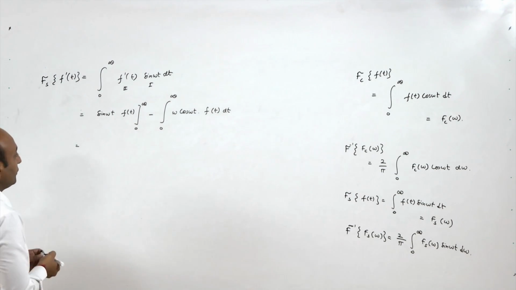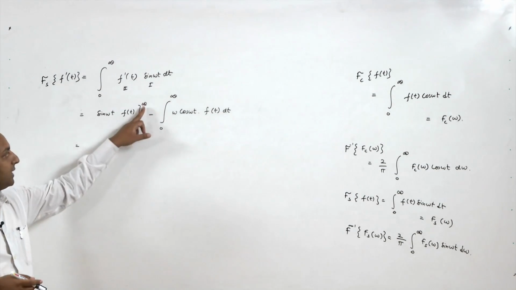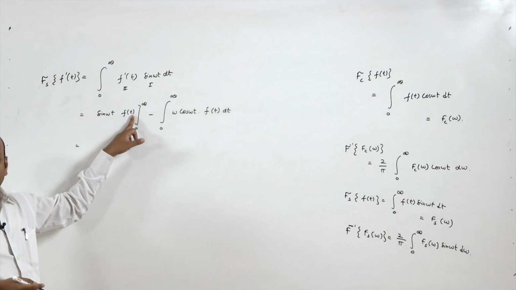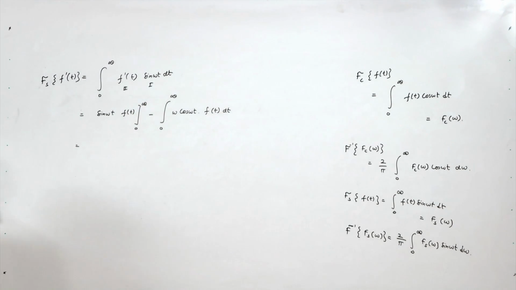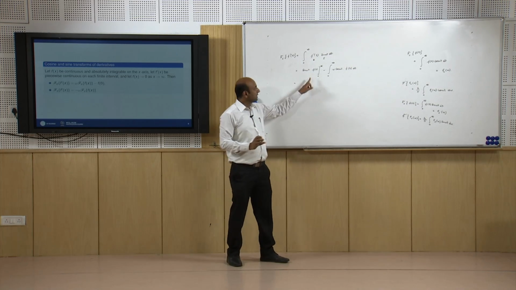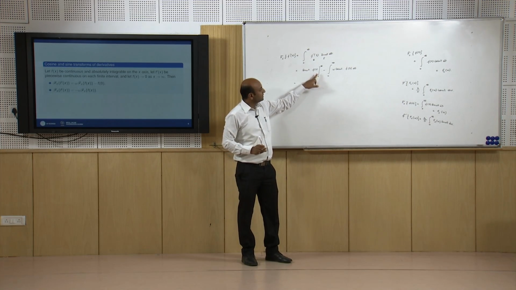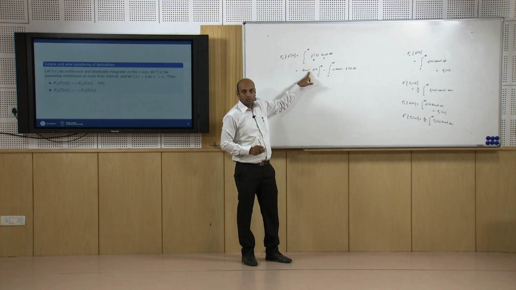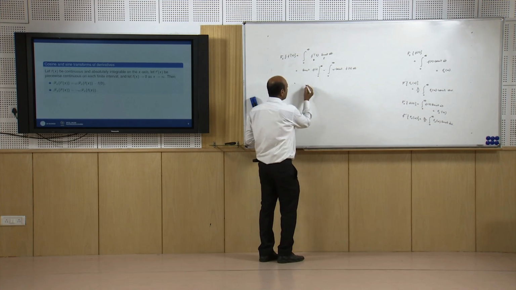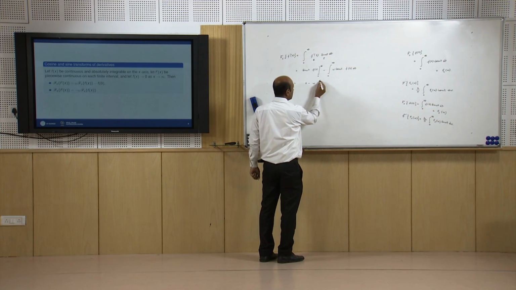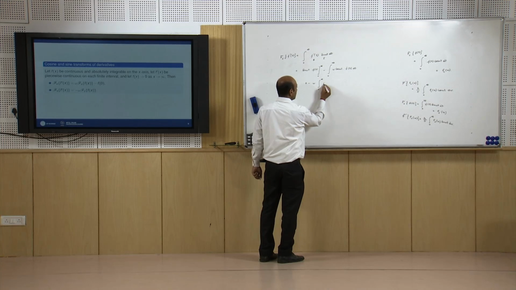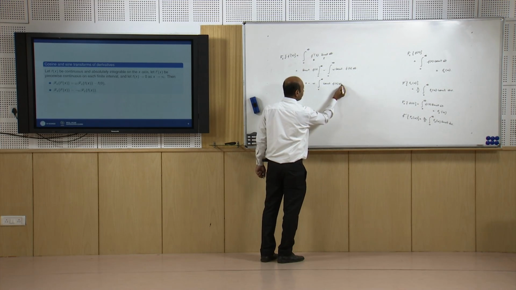So, when t tends to infinity, f t tends to 0, this is by the assumption. So, this tends to 0. Now, when t is 0, sin 0 is 0. So, we have 0 here from both the limits, minus omega will come out, it is integral 0 to infinity cos omega t into f t dt.